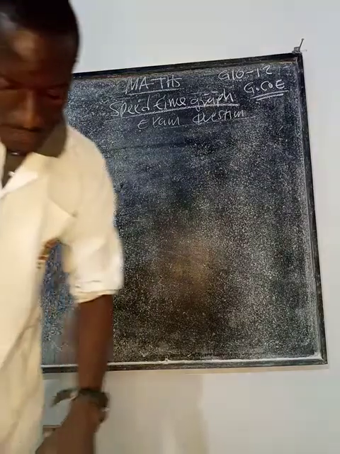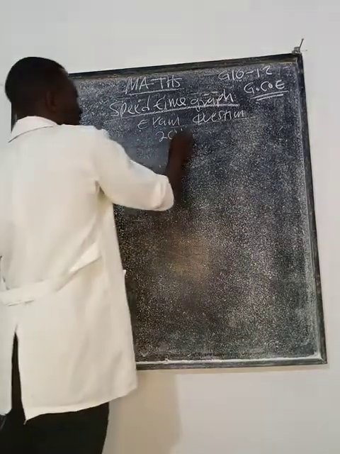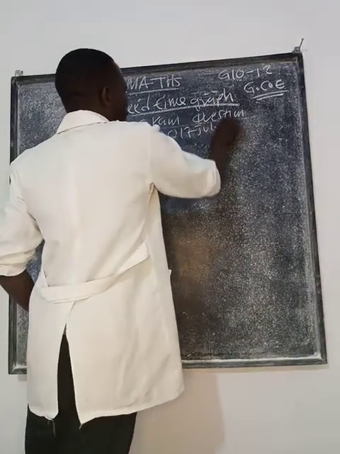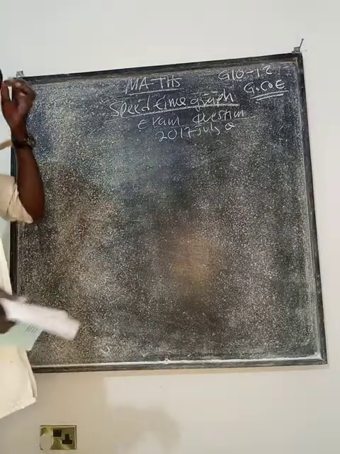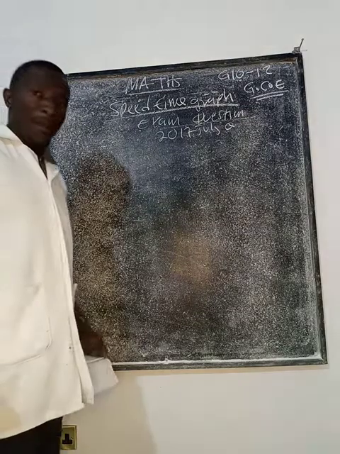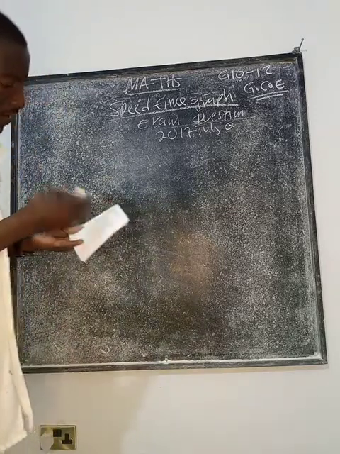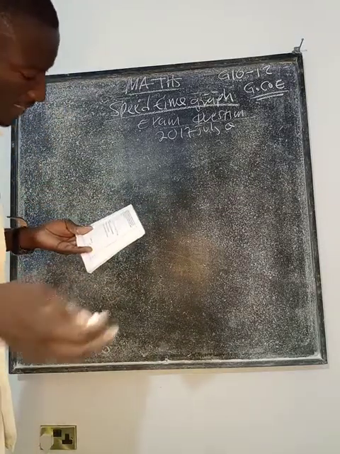Alright, so let's try some exam questions. We'll start from low, easy things, then we get to harder things. I'll start with 2017, July. By the way, speed time graph always comes as the last question in an examination paper 1. In 2017, they said the diagram below shows the speed time graph of a 100-meter sprinter.